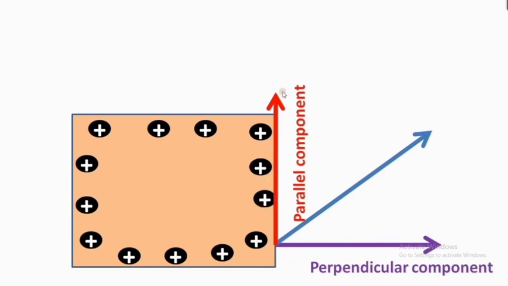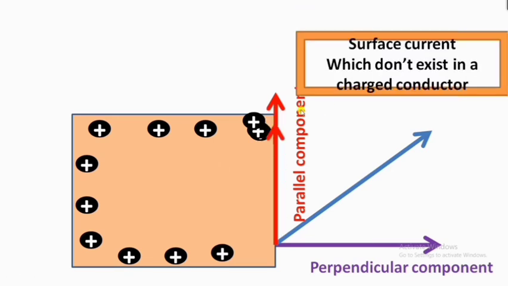So according to this electric field component, these charges will move. Now the charges are moving, but in electrostatics, that means in a charged conductor, these charges never move. That means we should not have this parallel component. So there will be a surface current, which is not possible in a charged conductor.